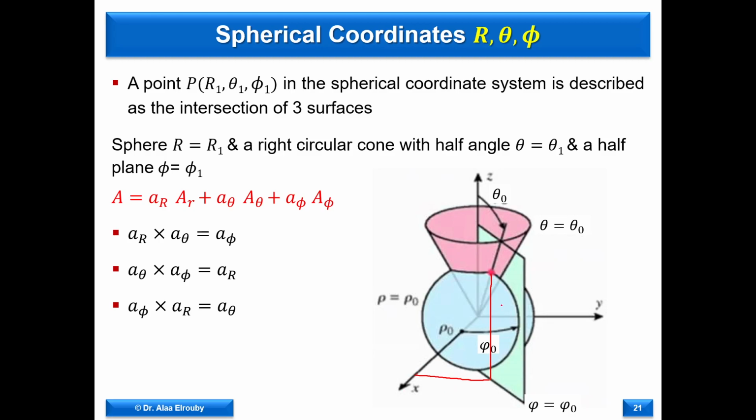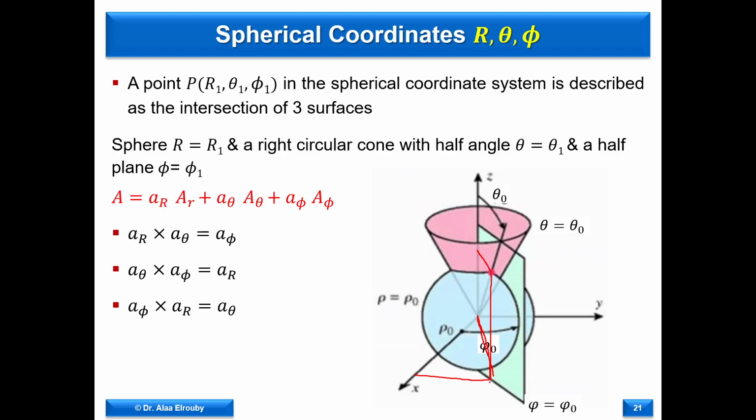What is this distance? First we need to find this length. This length is in the xy plane, and it's equal to r sine theta. This length here is the z component, and it's equal to r cosine theta. This rectangle is in the phi equal phi 1 plane.